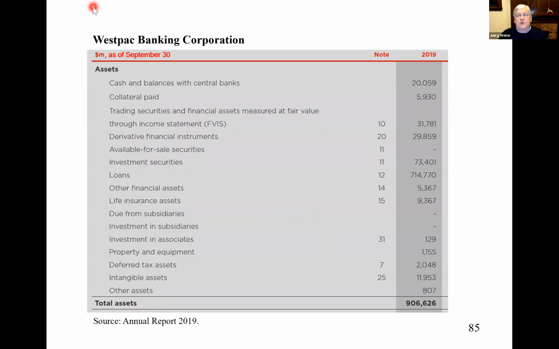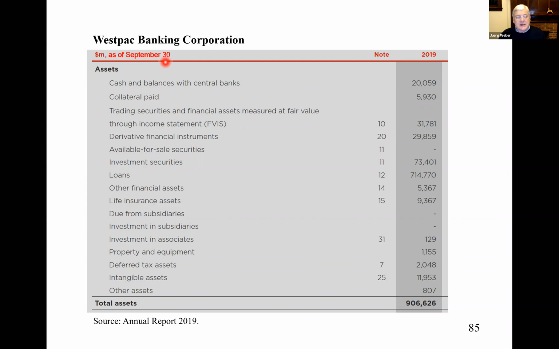Now let's look here now at the balance sheet of an actual bank. Westpac Banking Corporation, it's an Australian bank. Now here, this is actually the asset holdings of the bank on September 30th, on a specific date.